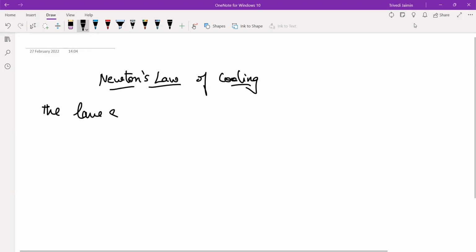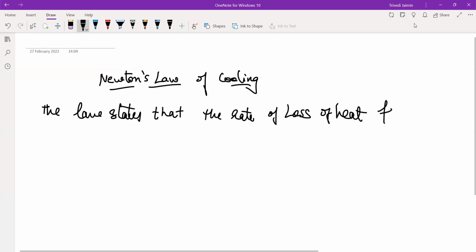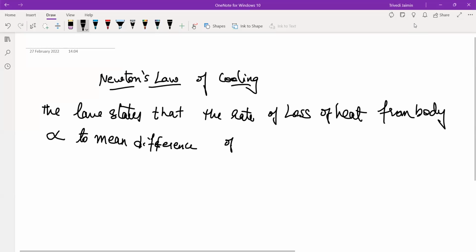The law states that the rate of loss of heat from a body is directly proportional to the mean difference of temperature.